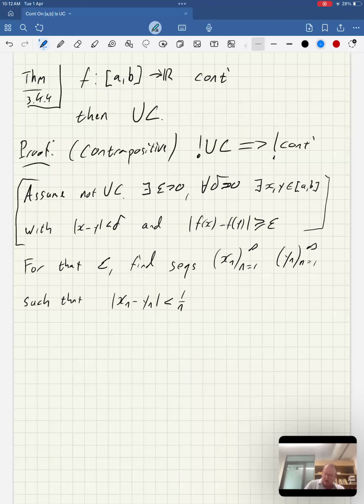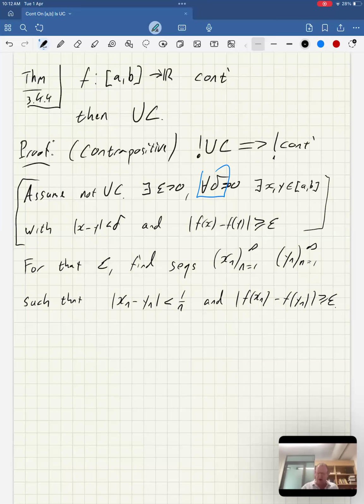So we are going to take, because it's for all delta, delta equal to 1/n. And the absolute value of f(x_n) - f(y_n) is greater or equal to epsilon. Okay. So because it's not uniformly continuous, for all deltas you can do that.